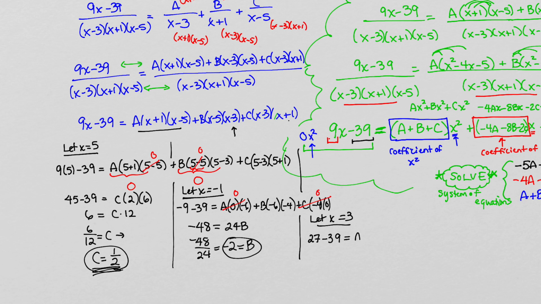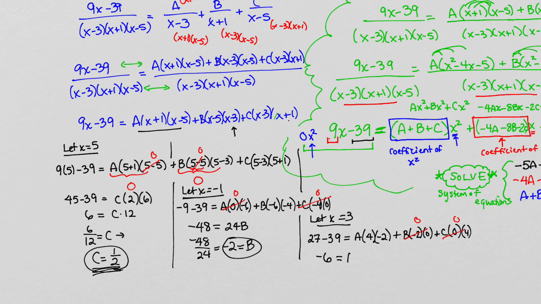And on the right side, I have A times 3 plus 1 is 4, 3 minus 5 is negative 2, plus B times 3 minus 5 is negative 2 times 0, because I've pre-designed it, so this term drops out. And plus C times 3 minus 3 is 0, times 4, but again, that term will drop out, leaving us with just A. 27 minus 39 is negative 6.